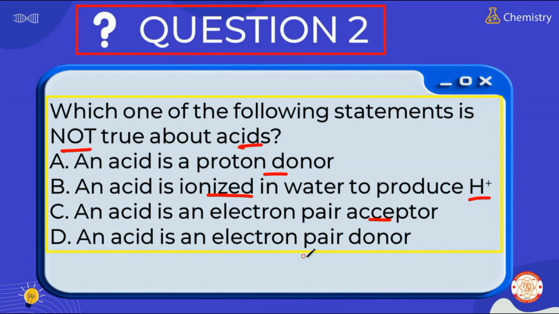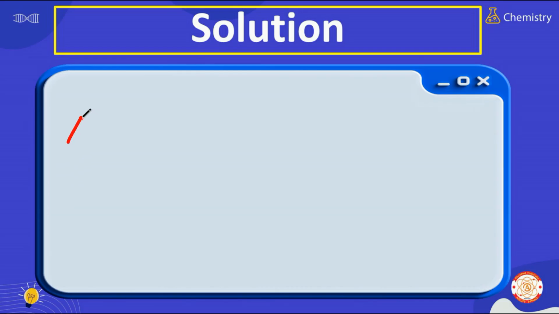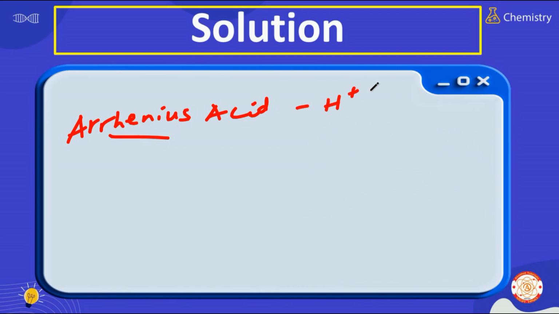And D, an acid is an electron pair donor. The first definition was by Arrhenius, right? Arrhenius acids. And we have already defined Arrhenius acid as a substance that releases hydrogen ion, remember that, or hydronium ion when dissolved in water.